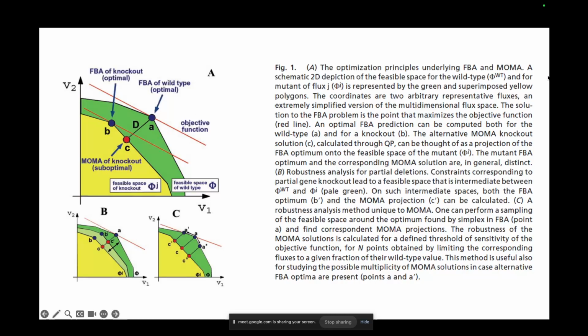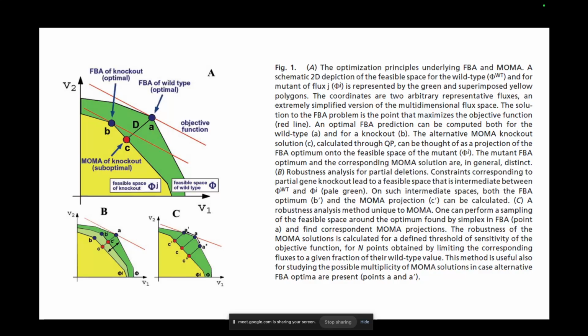The coordinates are two arbitrary representative fluxes, an extremely simplified version of the multi-dimensional flux space. Here you have only considered two coordinates, v1 and v2, one wild type and one mutant, so you're comparing both.